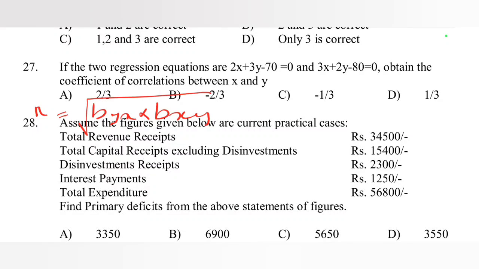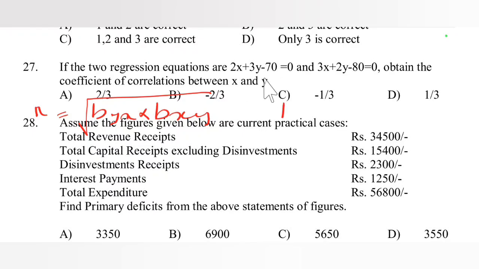So you have to find the values of byx and bxy. byx is the regression coefficient of y on x, and bxy is that of x on y. The first equation is 2x + 3y - 70 = 0, so 2x + 3y = 70, 3y = -2x + 70, y = -2/3 x + 70/3.